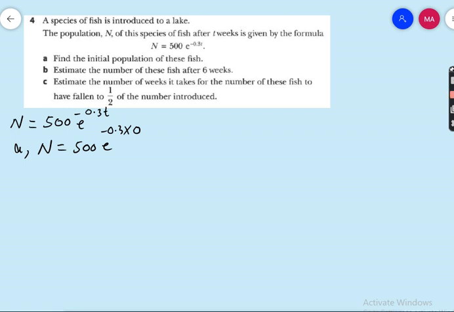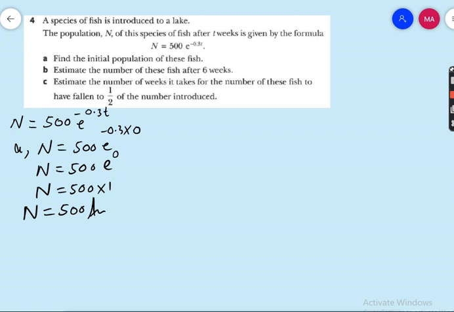So N is equal to 500 e power minus 0.3 into 0. Something multiplied by 0 is always 0. N is equal to 500, and something to the power 0, anything to the power 0, is 1. Therefore N is equal to 500 ones are 500.